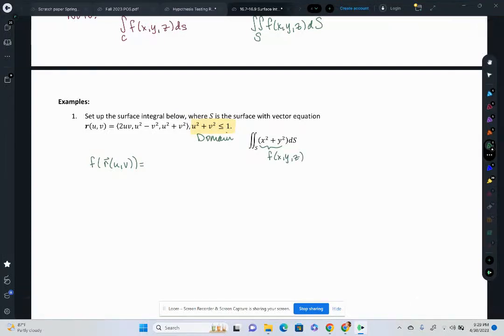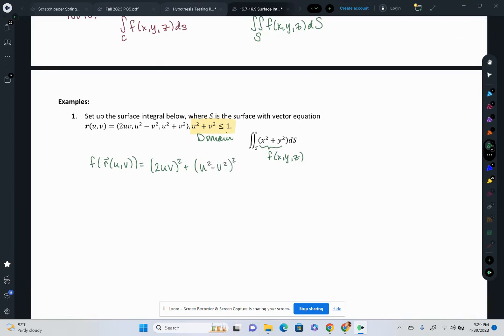So everywhere there's an x, we replace it with the x component from r of u, v. So x squared gets replaced with 2uv all squared, plus y squared gets replaced with the y component, which is u squared minus v squared. So I'll put that all in a square.